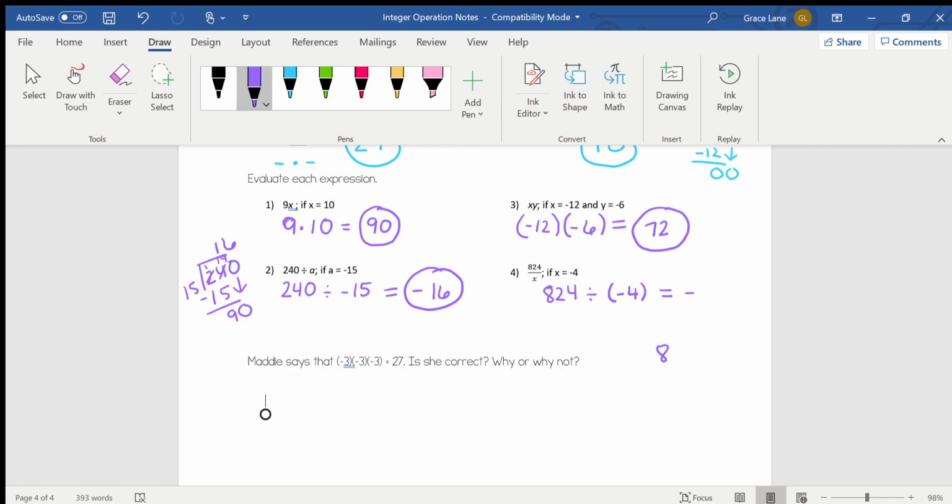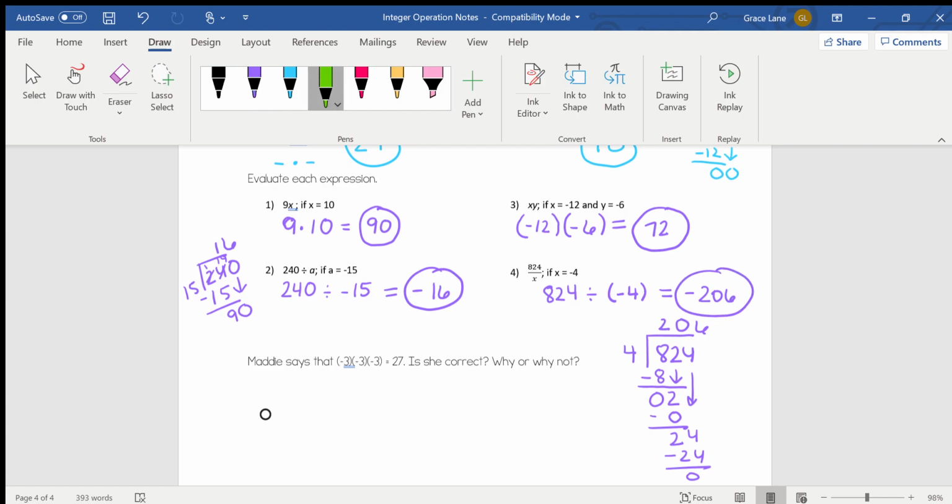And now just figure out what it's equal to. So it goes in twice. Bring down the 2. 4 does not go into 2, so add a placeholder. And then bring down the 4. 24 divided by 4 is 6. And so this is equal to negative 206.